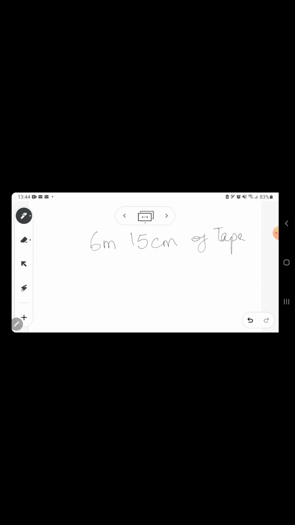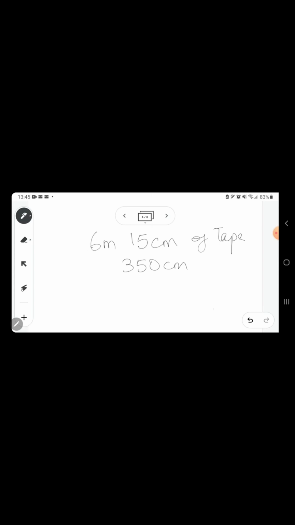That's the tape measurement. And Trevor uses about 350 centimeters to wrap a carton. How many parts of that tape will Trevor have left?